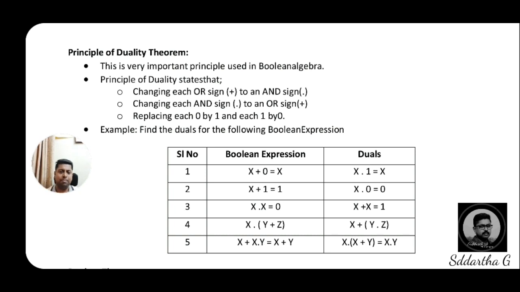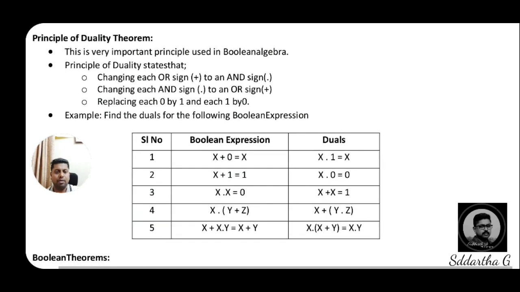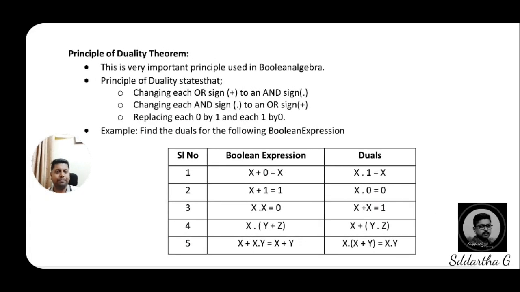Here x plus 1 is equal to 1. As we saw in the previous truth table, we are using the OR operation. Here the OR operation plus is converted into AND, that is dot, and 1 is converted into the binary value 0. So applying that rule, x into 0 is equal to 0.